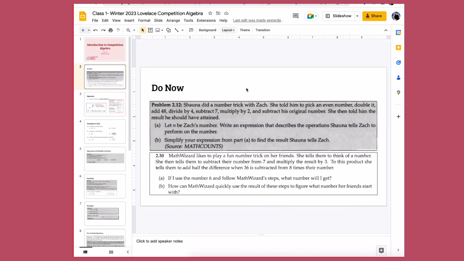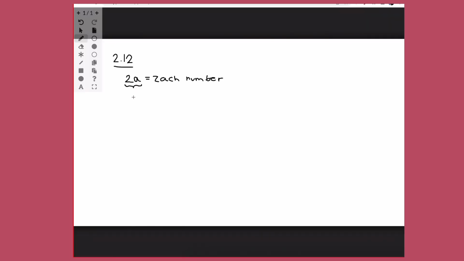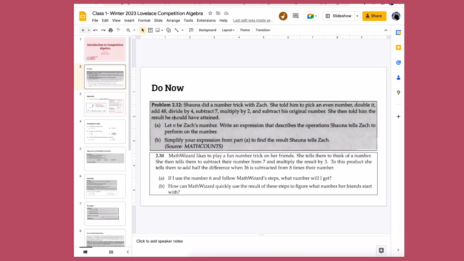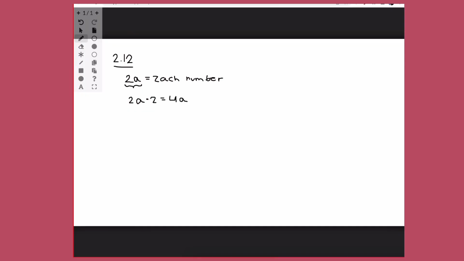Then she tells him to double it. So 2a times 2 is equal to 4a. Then she tells him to add 48. So you add 48.